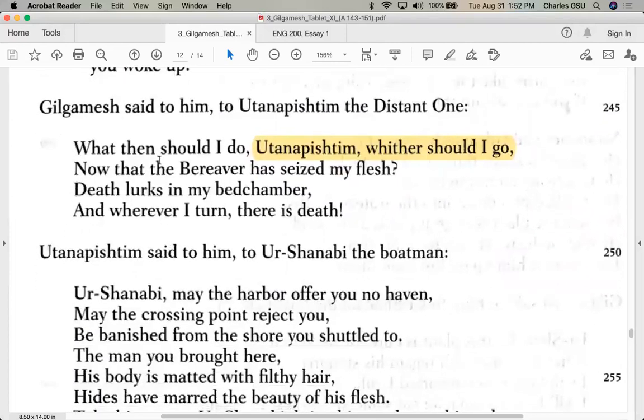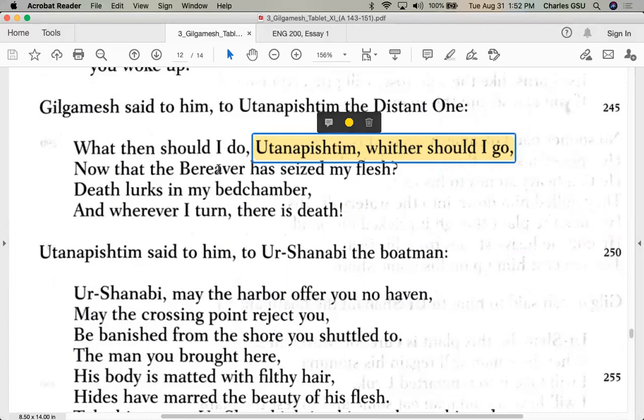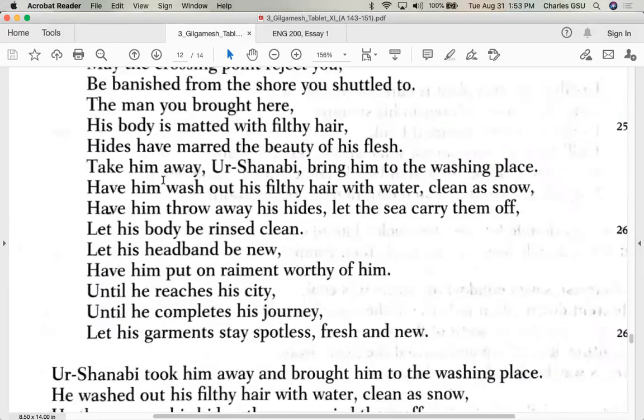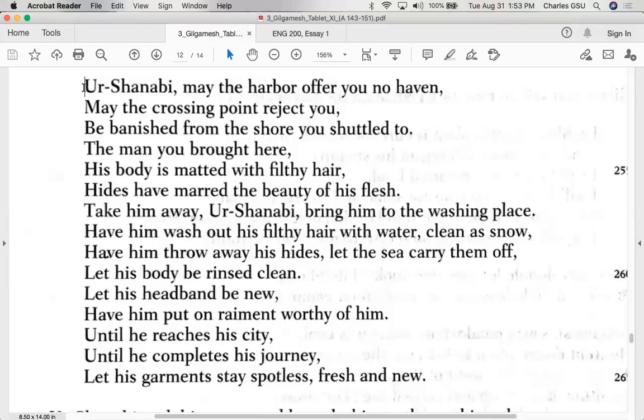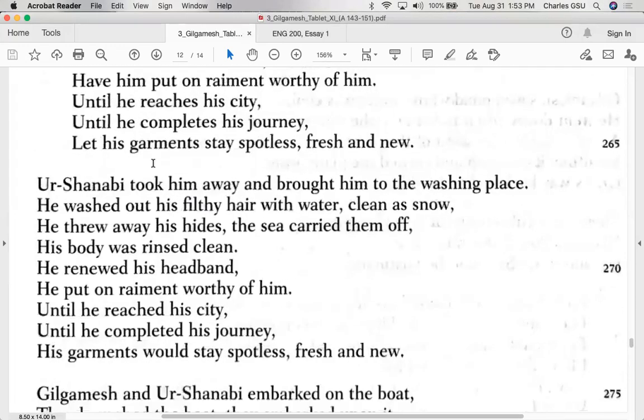But the important part comes here. He wants to know, once he's awake now, Gilgamesh, where he should go, what he should do, whither should I go? And Uttanapishtim tells him to go seek out this ferryman, basically, Sanabi.